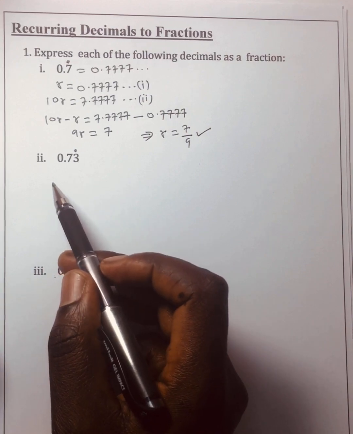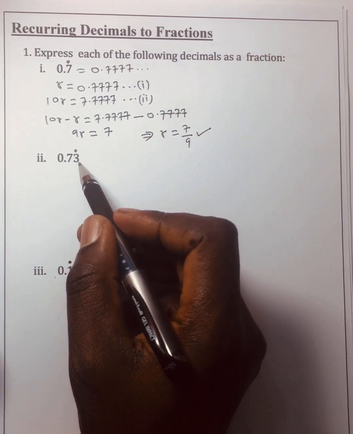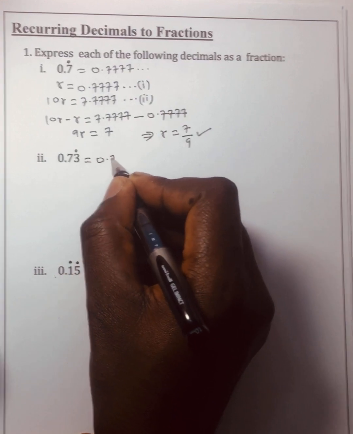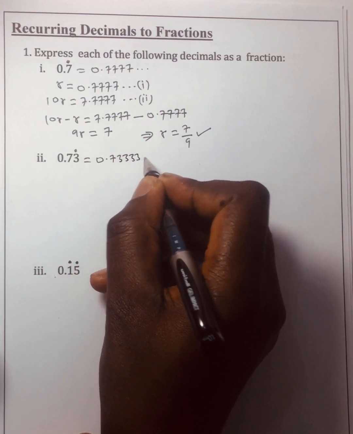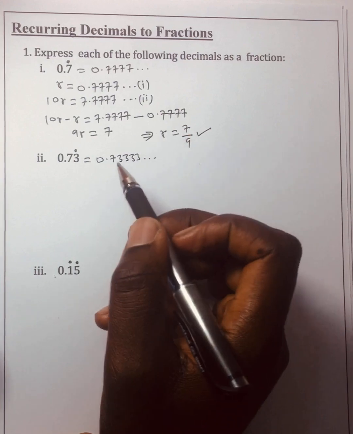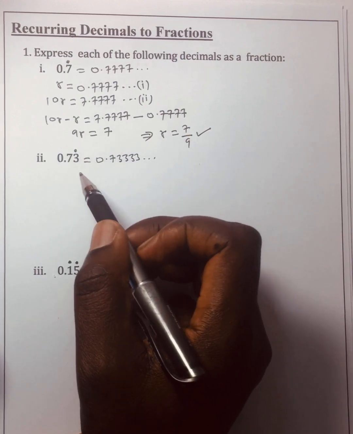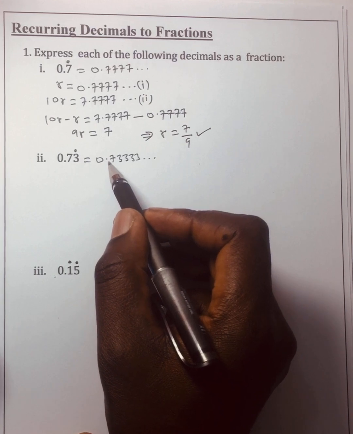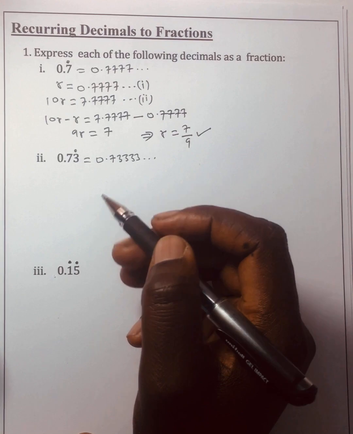So in the second case, only 3 is recurring. So in other words, we have 0.73333 recurring. So again here, you're going to need two numbers. And for each number, the first value to the right of the decimal point should be the same.